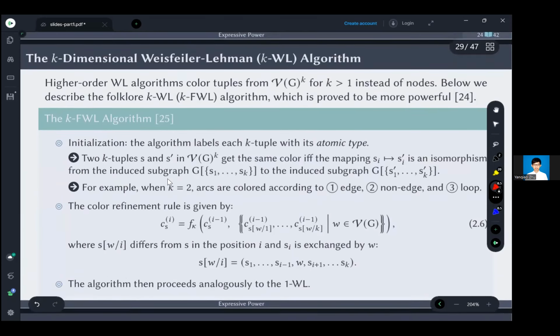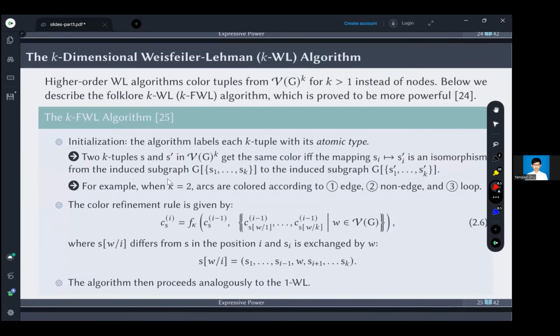Before I go into the details of each model, let me give you a general high level description of the higher dimensional Weisfeiler-Lehman test. The so-called k-dimensional Weisfeiler-Lehman test operates and assigns colors based on a tuple rather than a single node.